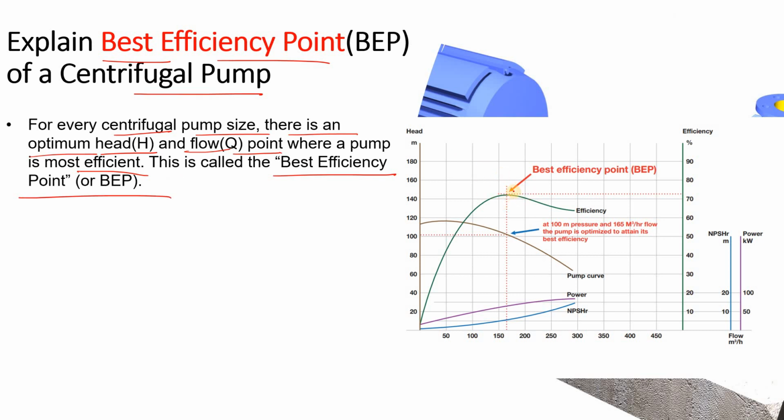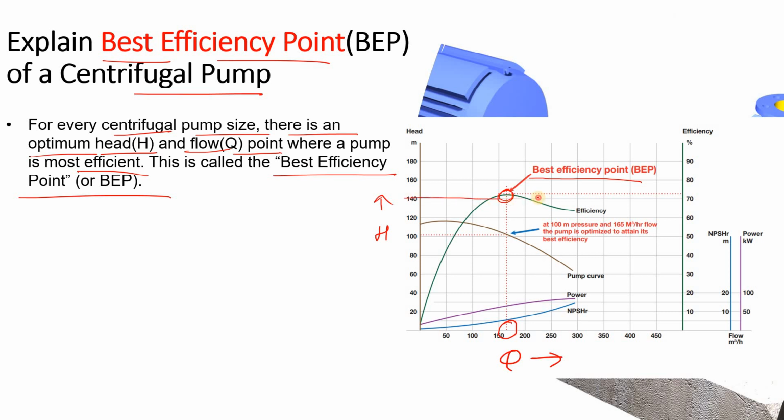If you look at this picture, here you can see this is your best efficiency point. Why? Because at this flow rate, that is Q, and this is the head, right? So at this point, this is your optimum flow rate, and this is your optimum or maximum head, you can say.